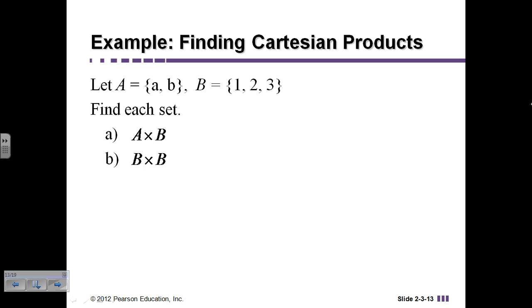If I want to find A cross B, then I'm going to take all the values in A, which are a and b, and I'm going to match them up with the values in B. If you want to think of it as almost like a distributive, we're going to take a and match it with the 1, and then a and match it with the 2, and then a and match it with the 3. And then we're going to repeat that, but we're going to take b and match it with the 1, and then b and match it with the 2, and then b and match it with the 3.